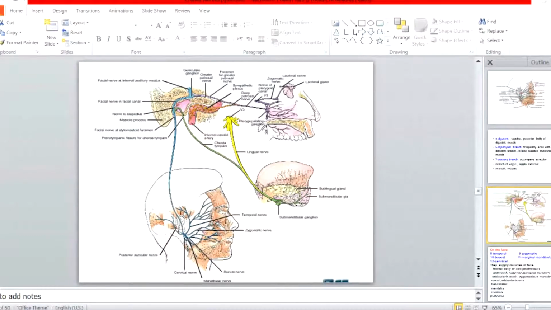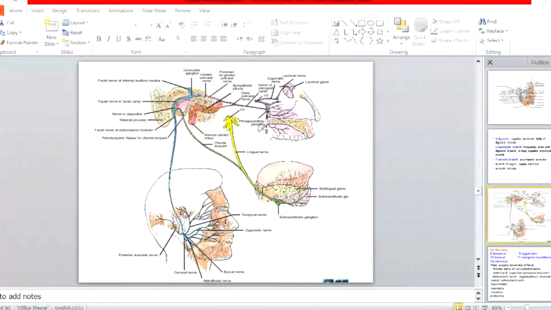Now, after giving the chorda tympani, the facial nerve emerges from the stylomastoid foramen. Here it descends from the stylomastoid foramen, emerges behind the styloid process, and then enters inside the parotid gland, where it divides into its terminal branches.